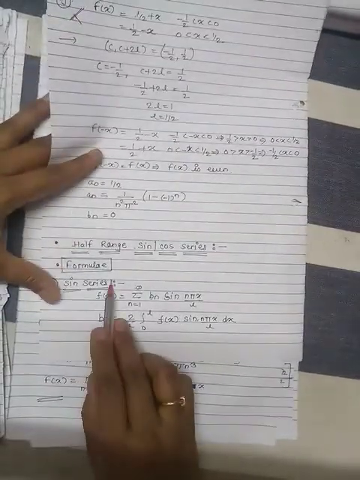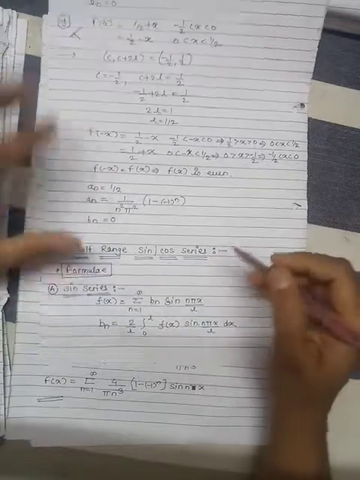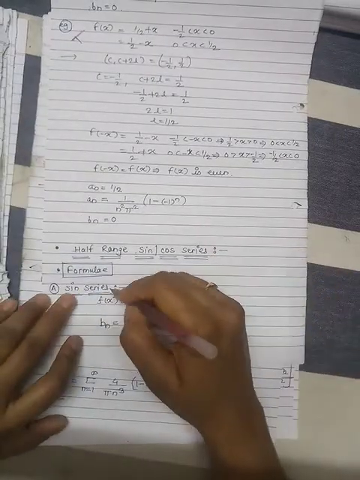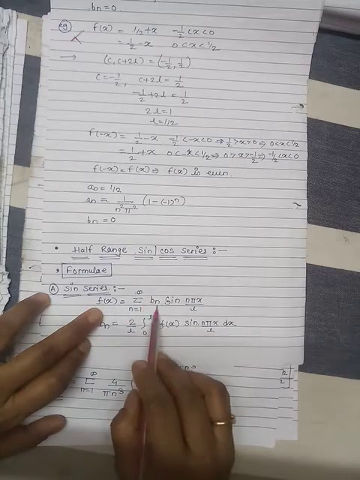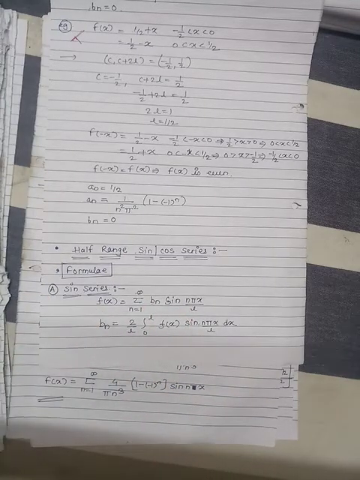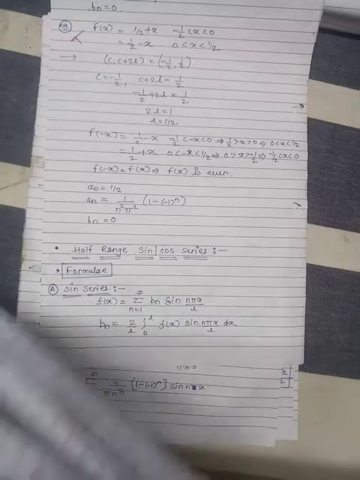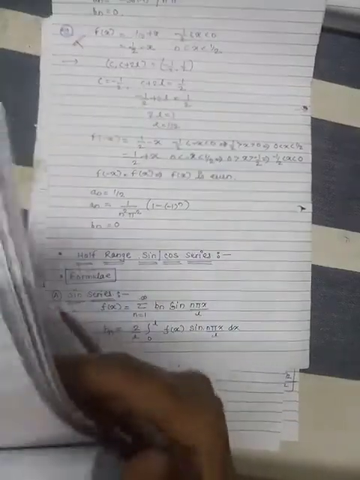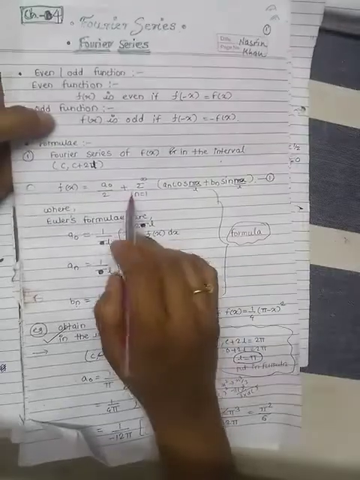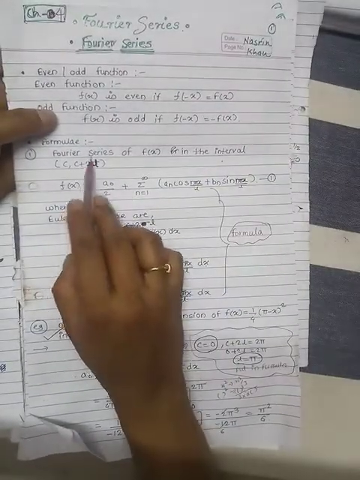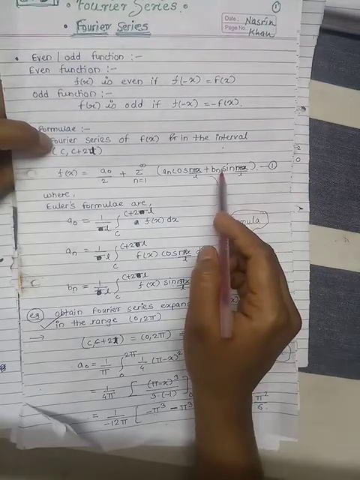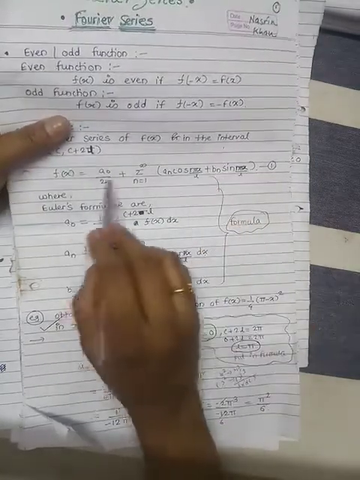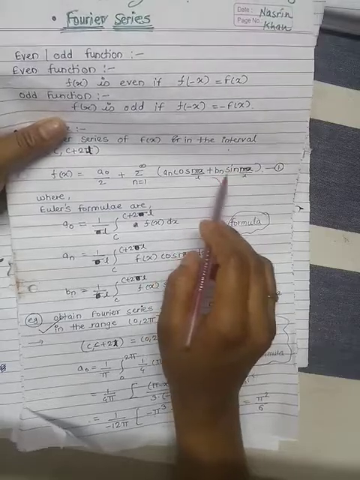So the formula for sine series, you can remember as, for sine series the Fourier series formula is f x is equal to summation only n equal to 1 to infinity b n sin n pi x by l. That is, for sine series, as we have seen the formula for Fourier series in the interval c to c plus 2l, in this sine term is multiplied to b n term, and hence for sine series only this term we have to take for Fourier series.